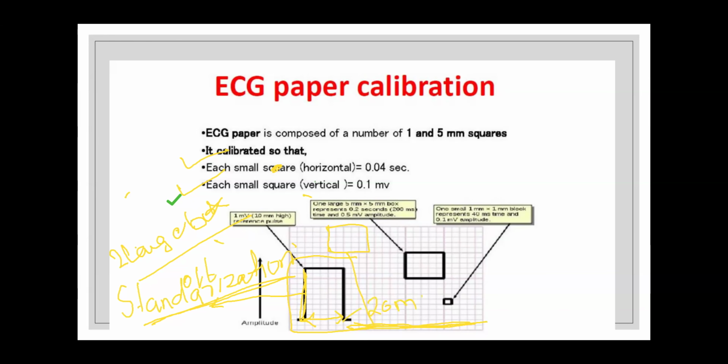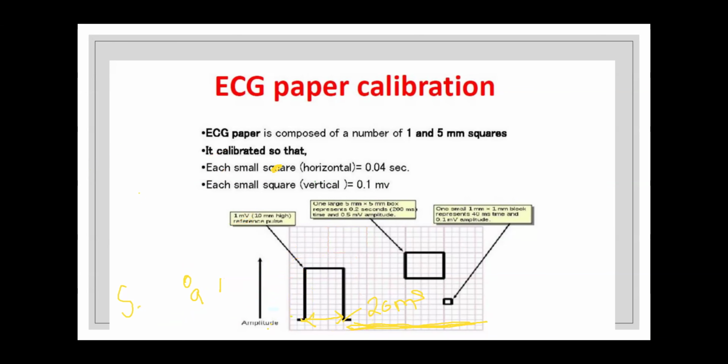Vertically, the amplitude is 0.1 millivolt per box, so 0.1 multiplied by 10 boxes is equal to 1 millivolt. So the standard would be 1 millivolt vertically, and the speed would be 200 milliseconds.